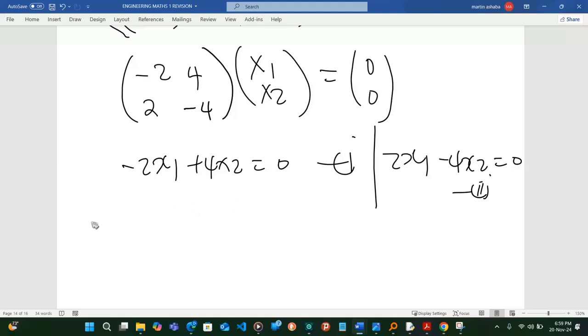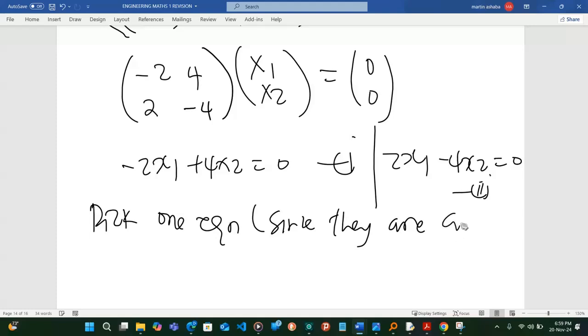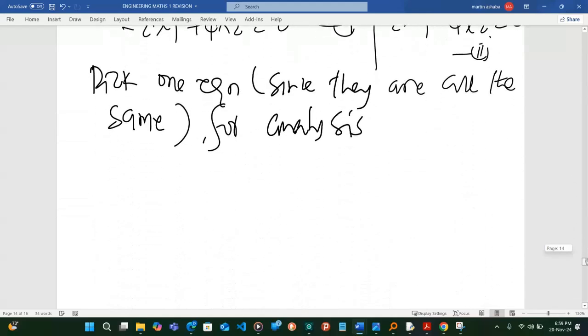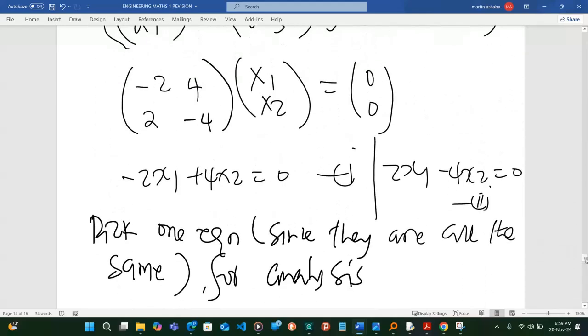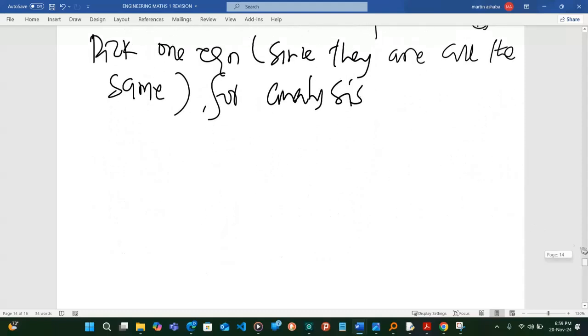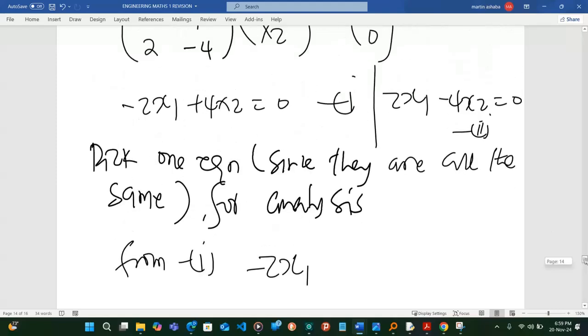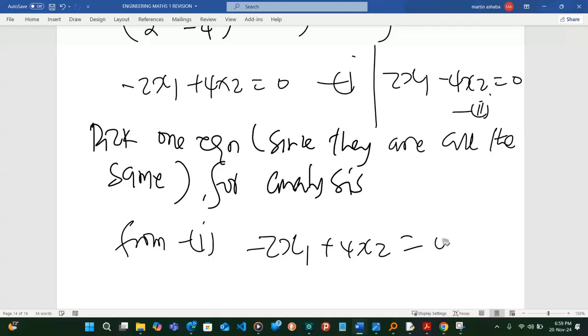So I can just pick one equation, since they are all the same. So pick one for analysis. We can pick equation 1, -2x1 plus 4x2 is equal to 0.